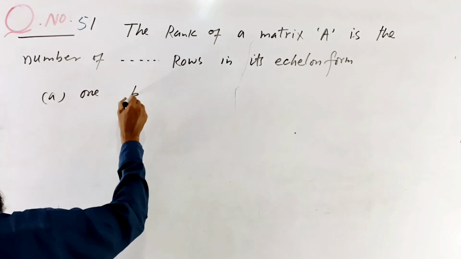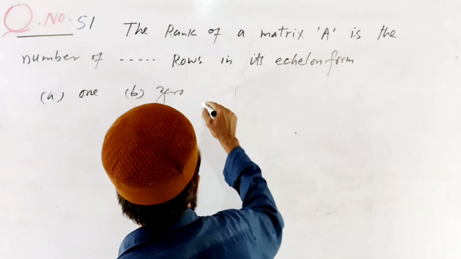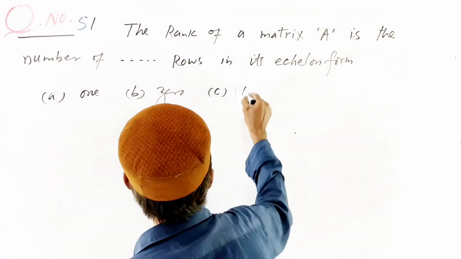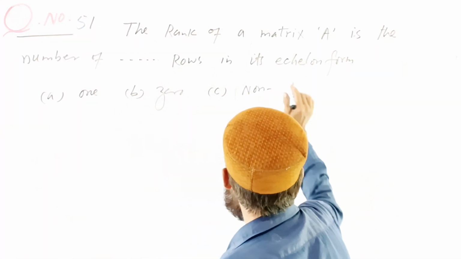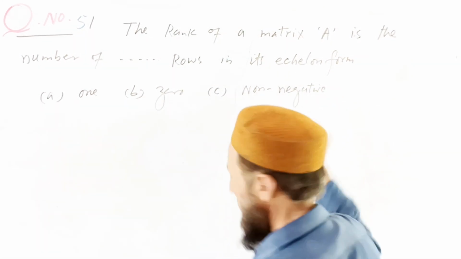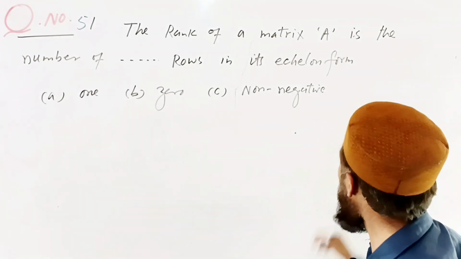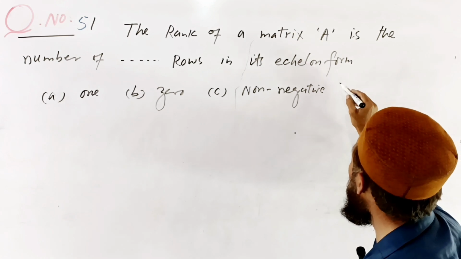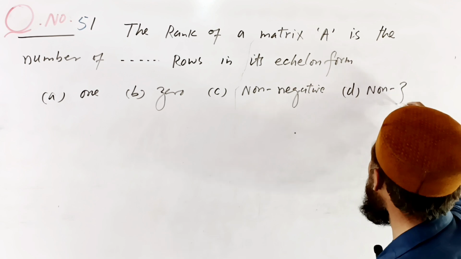Options: A, one row; B, zero rows; C, non-negative; and D, non-zero rows.